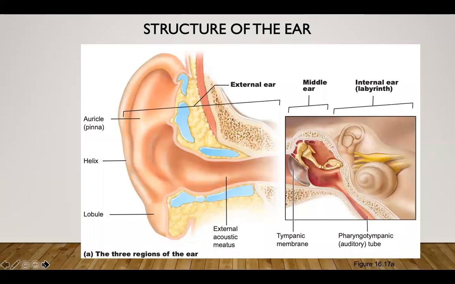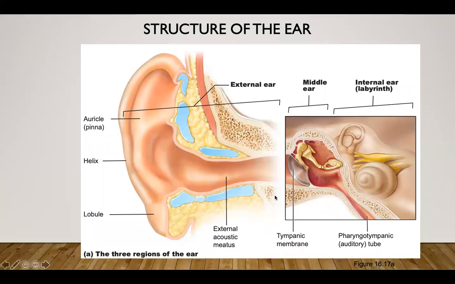Here is a depiction of your ear. You have, as I mentioned, your external ear, which is the auricle made up of the helix and the lobule. You have the ear canal, which is also known as the external auditory meatus or external acoustic meatus.